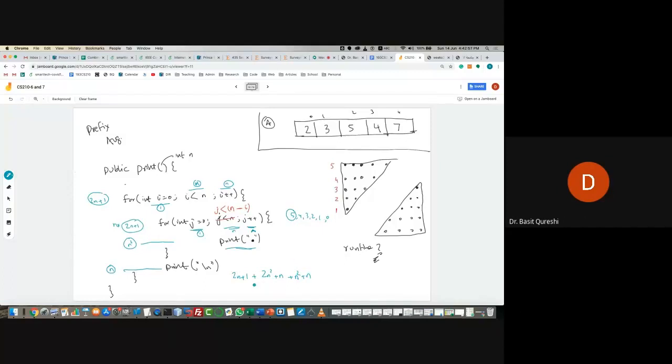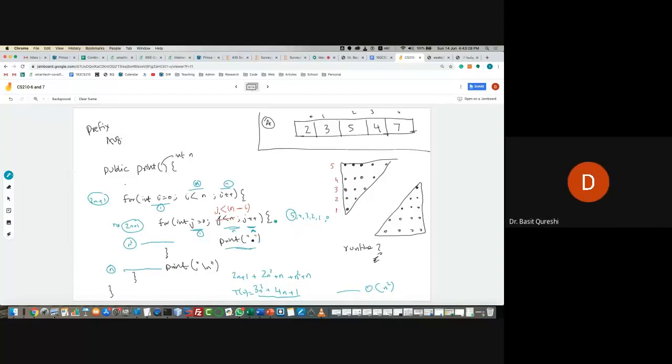If you try to solve it, you're getting 3n squared plus 4n plus 1. So this is my runtime. So yeah, the big O notation would be O(n squared). This is a very large value, 3n squared plus 4n plus 1. So big O, this is O of n squared. But this is the worst case scenario.